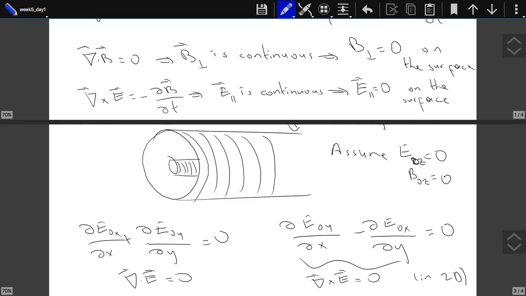So once we make that assumption, we have seen that E0x should be 0, E0y should be 0, but if E0x and E0y, they are also 0, then B0x and B0y will also turn out to be 0. So this assumption tells us that there is no electromagnetic wave. So if we have some electromagnetic wave, in that case, that assumption should not be true. Either one or the other one should be non-zero.